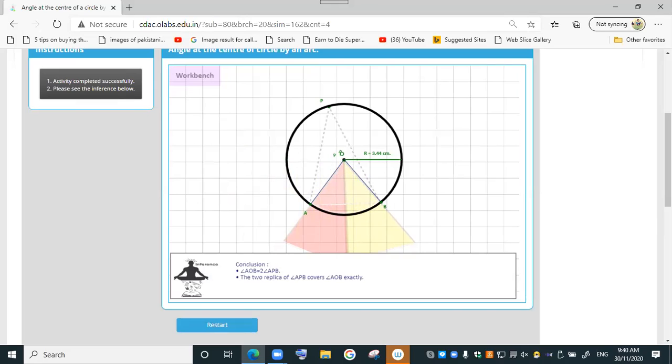So conclusion, we got this angle. This angle is equal to this angle, okay.